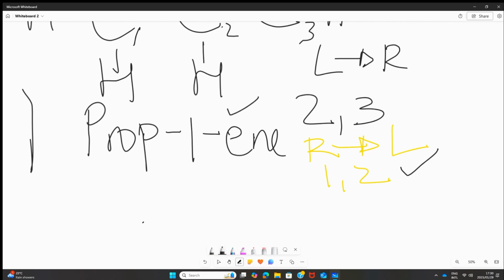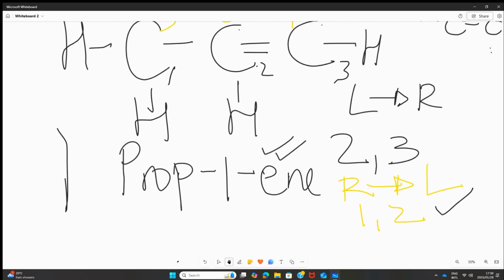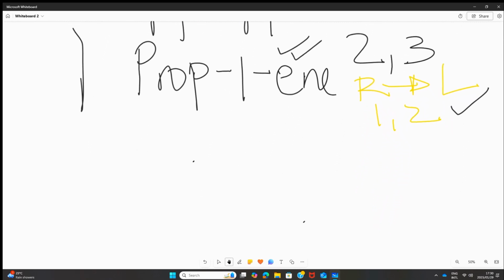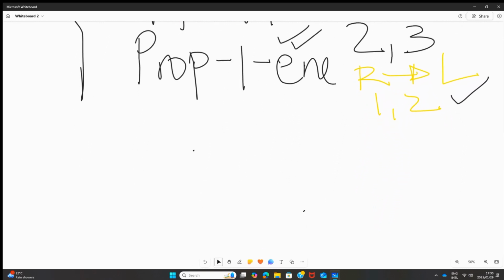So this would be the correct name. We will not use left to right, because from left to right you would have prop-2-ene, which does not give our alkene the lowest number possible, because we number our carbons so that the functional group has the lowest number possible.